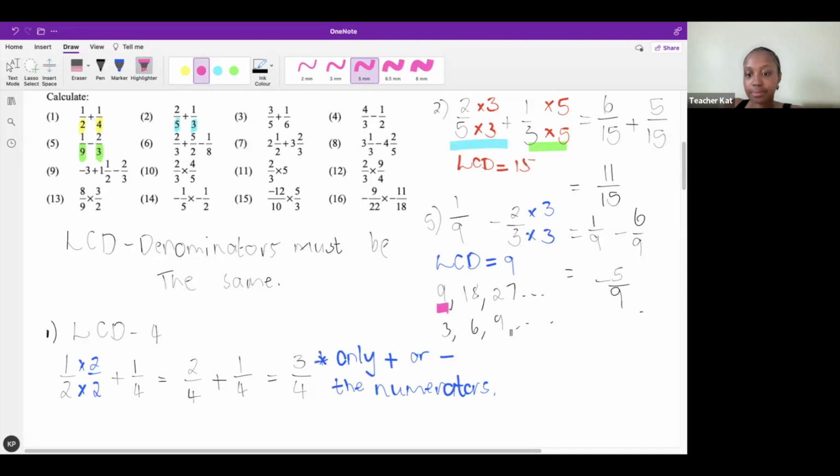It is 9. Okay, so that means we want a denominator of 9. But now we have a denominator of 3. So how do I get from a 3 to 9? What do I have to multiply 3 by to get to 9? By 3. So that's where those 3's come from.